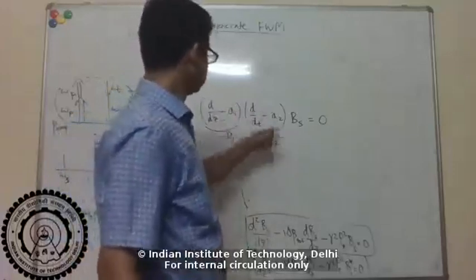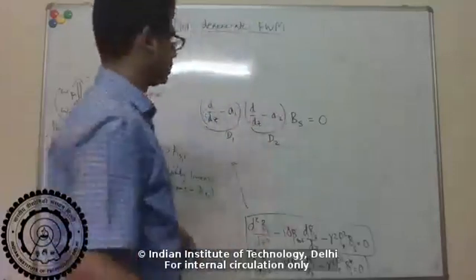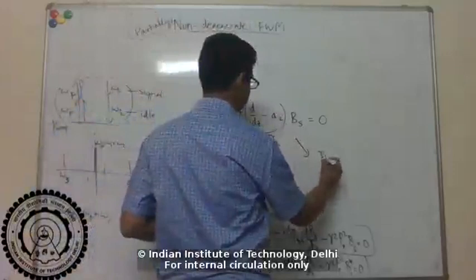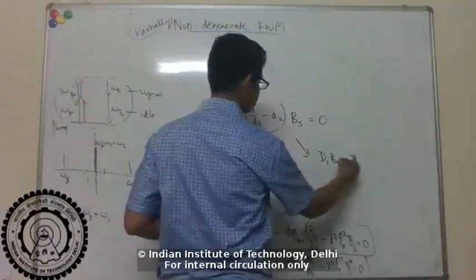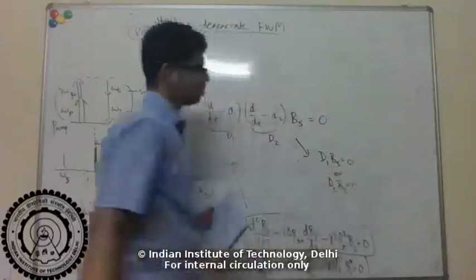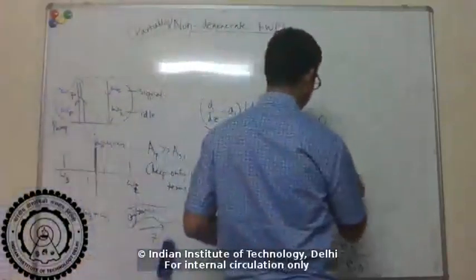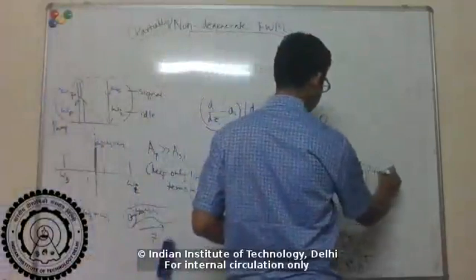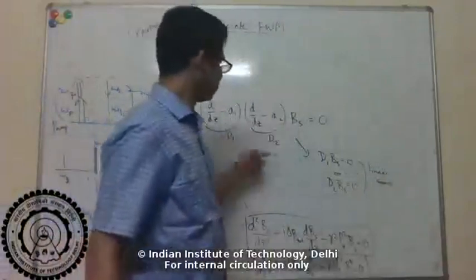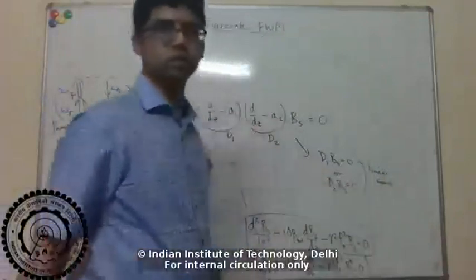So you can either differentiate with this first and then this, or this first and then this, doesn't matter. So basically, the two solutions are either D1 of BS is 0 or D2 of BS is 0. And in general, the general solution will be a linear combination of these two solutions. I'll have two linear differential equations whose solutions, if I take the linear combination, would be the general solution.